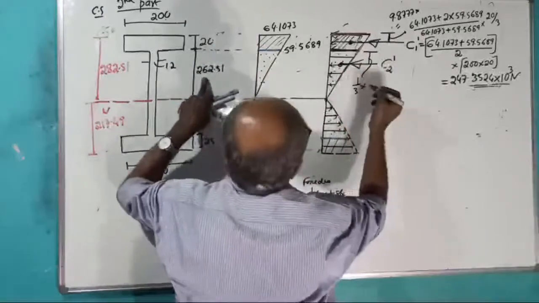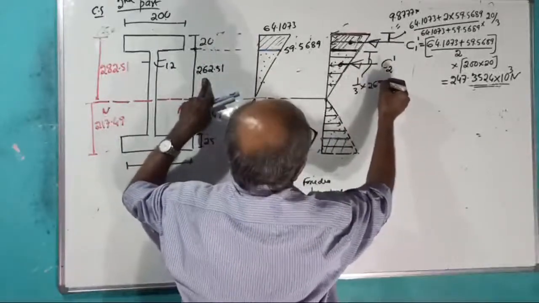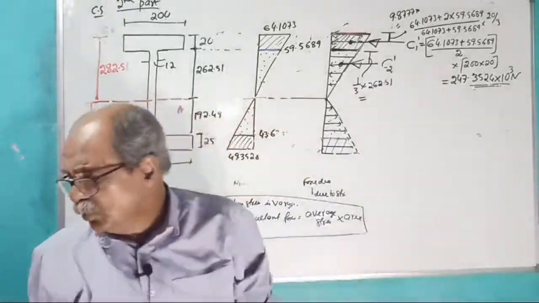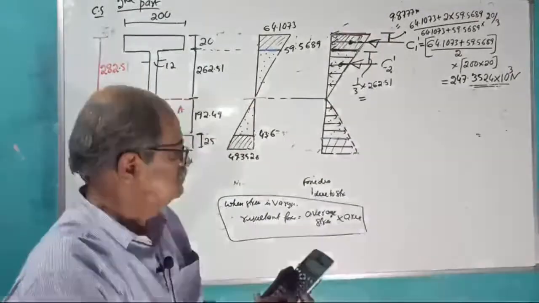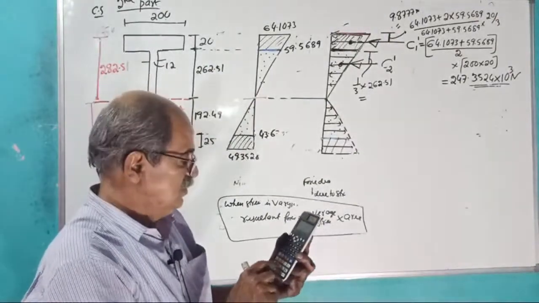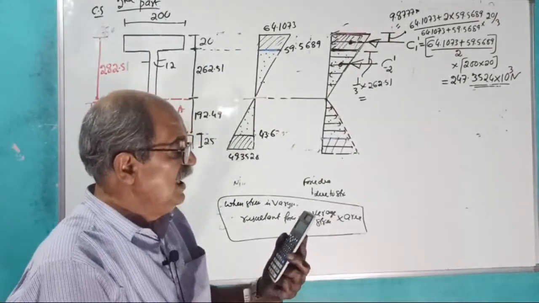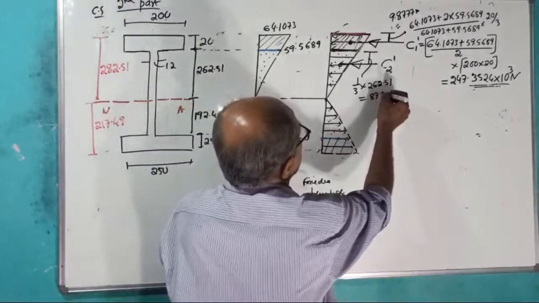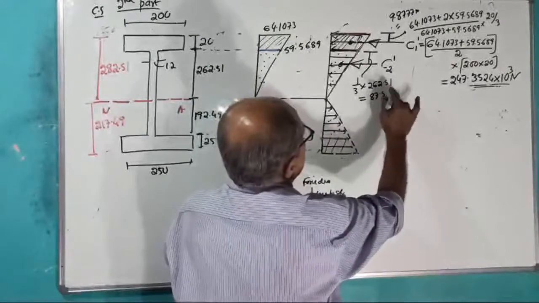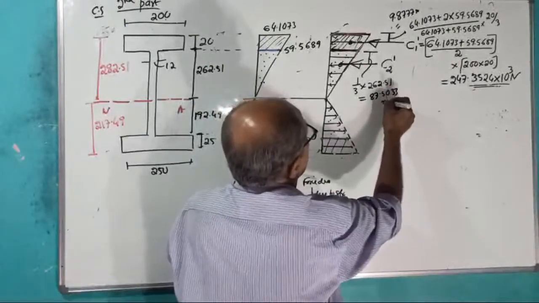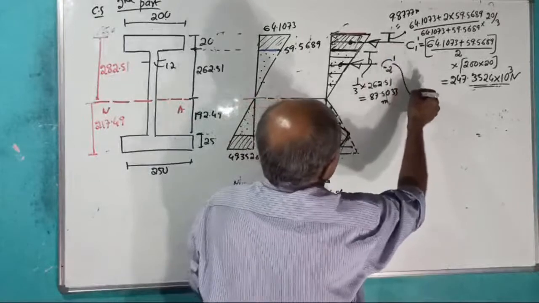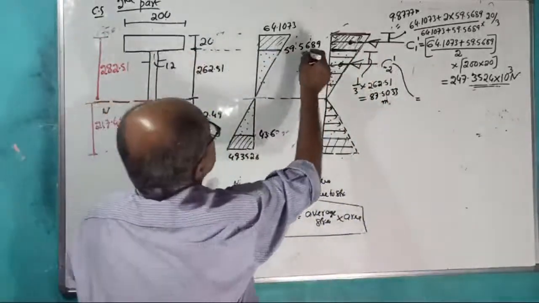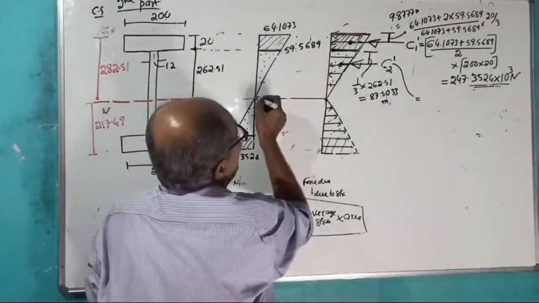How much? 1/3 of 262.51. It is 87.5033 millimeter.